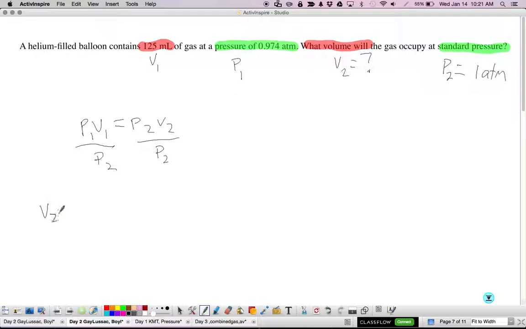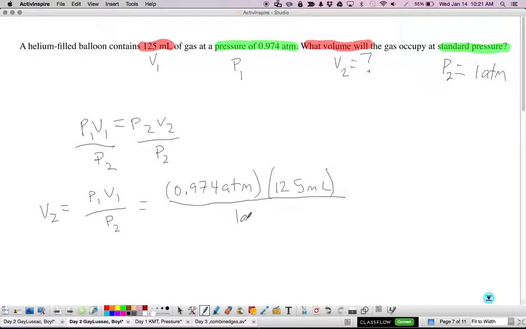So V2 equals P1V1 over P2, which equals 0.974 atmospheres times 125 milliliters over 1 atmosphere.